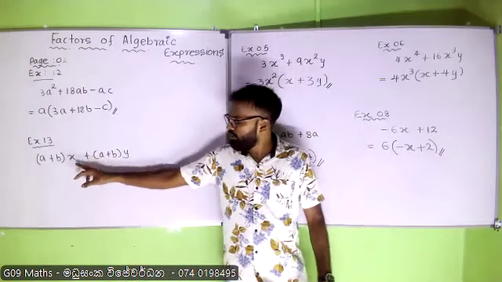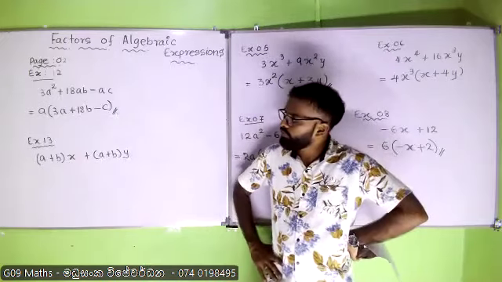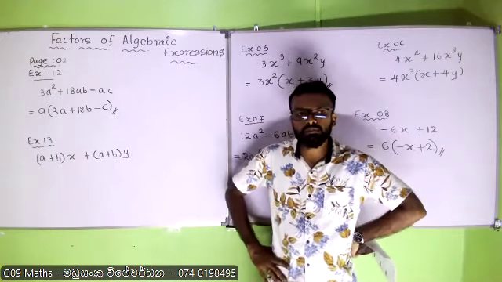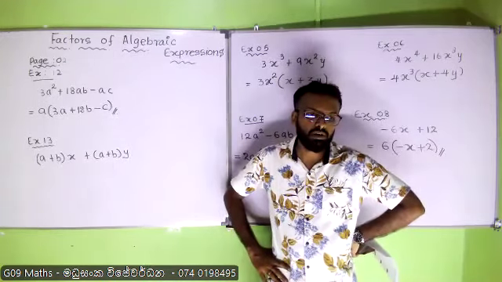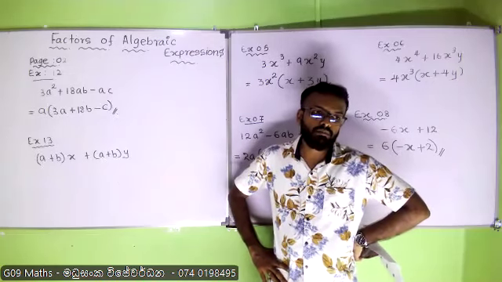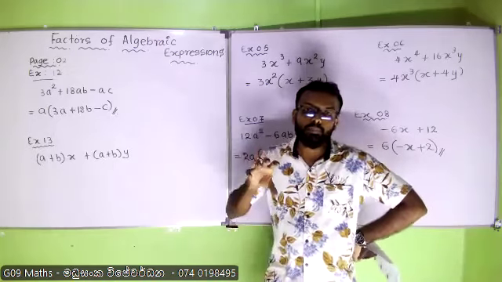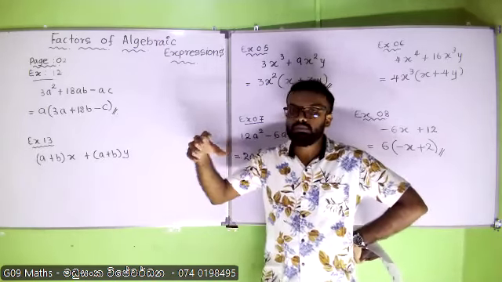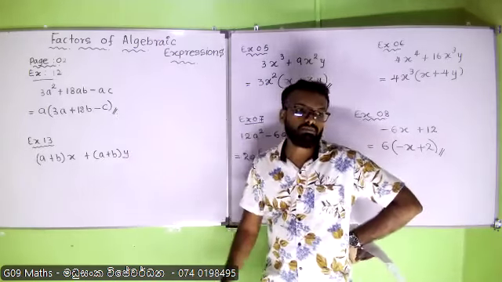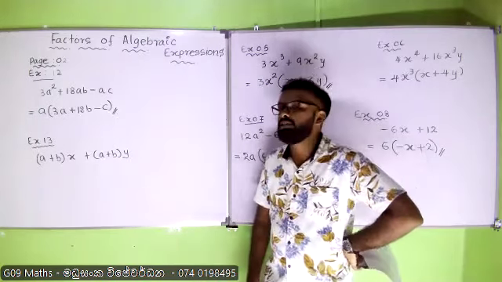What is the common term? Can anyone tell me? By looking at this, apple x plus apple y. I am giving you a help: A plus B. Yes, A plus B.